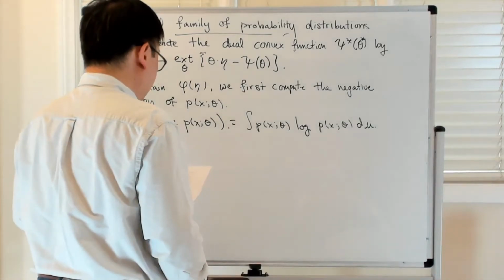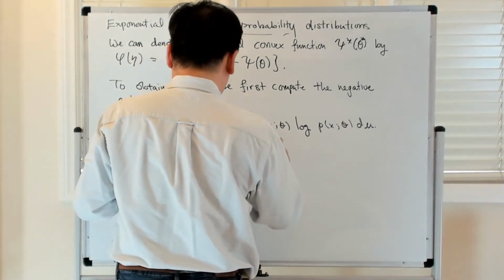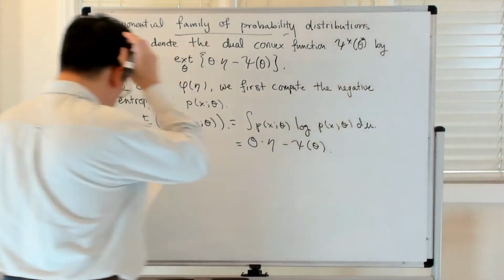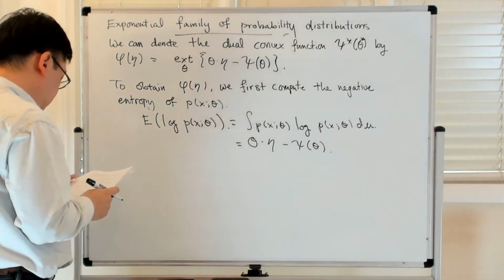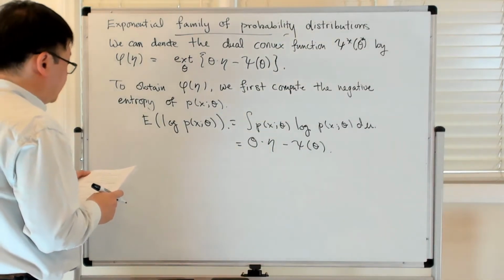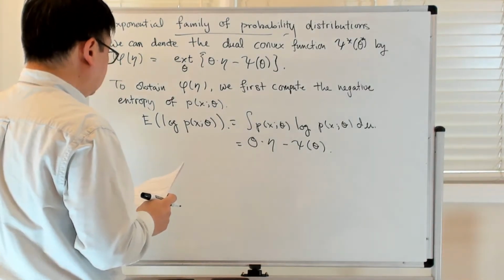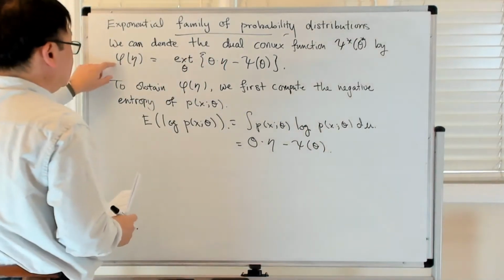And then this is theta times eta minus psi theta. With that, you can check that this is the dual convex function.